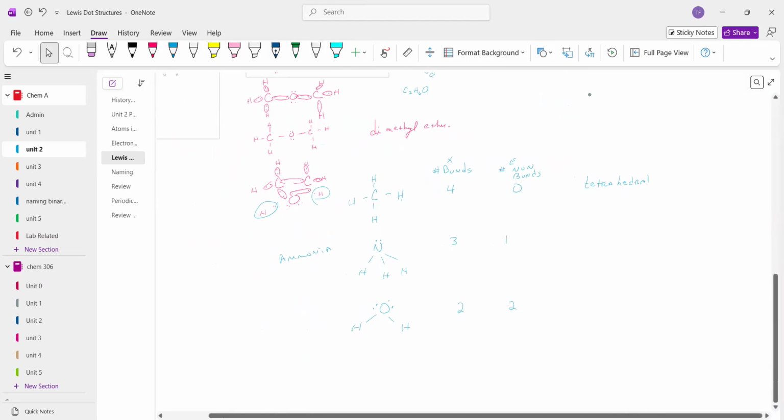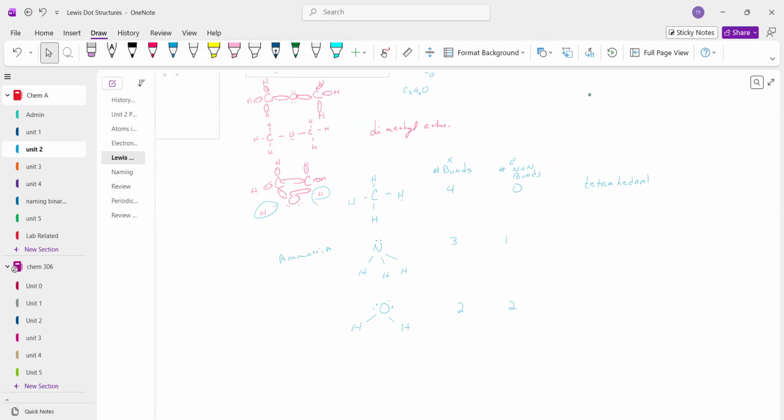And the bond angle between each of those, C to H, C to H, etc., is 109.5 degrees.